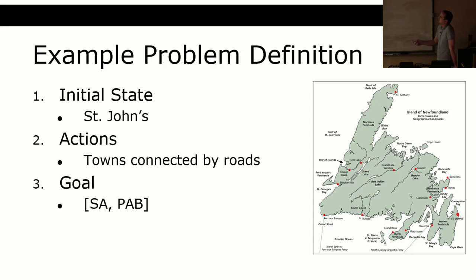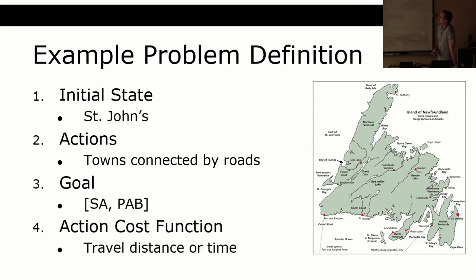The goal is either going to be St. Anthony or Port aux Basques, so it's a goal set of states, and the action cost function might be, let's say, total travel distance, or the time that it takes to get between those. But let's use travel distance. So this is an example of a well-defined problem that you could apply an algorithm. Of course, you also need the actual environment, the map of the environment, but that's assumed.